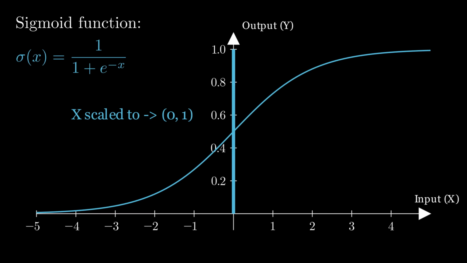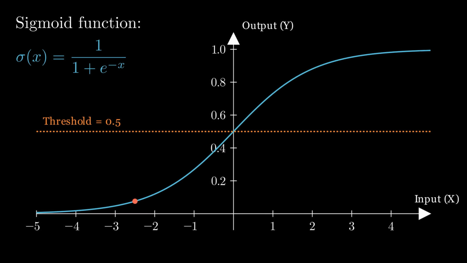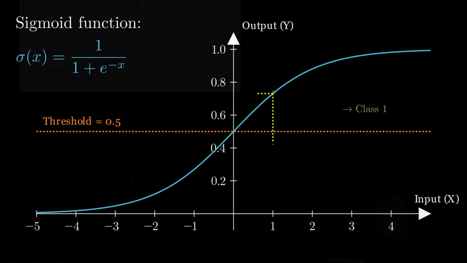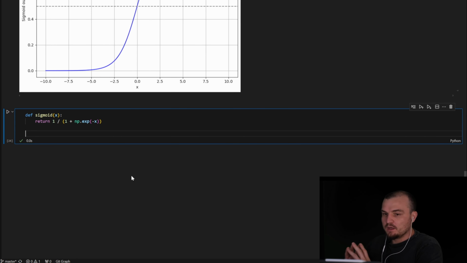And our prediction is based on the probability. Logistic regression assigns a class label 0 or 1 or whatever to each data point by applying a threshold. Usually we use 0.5.